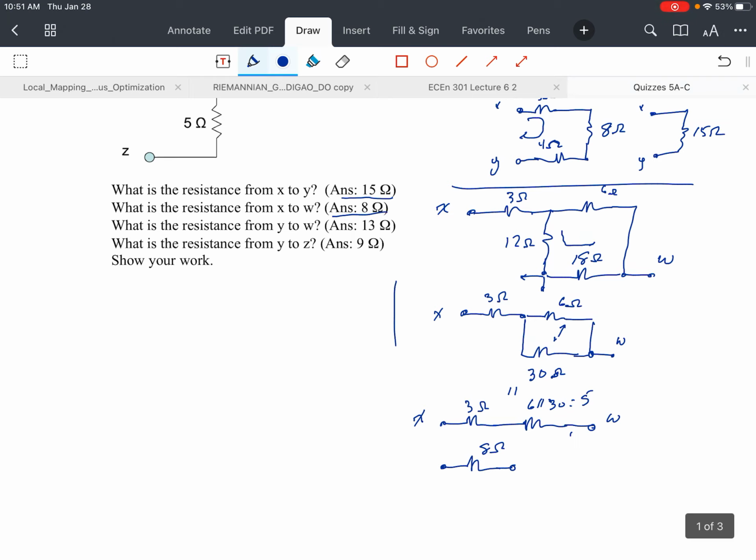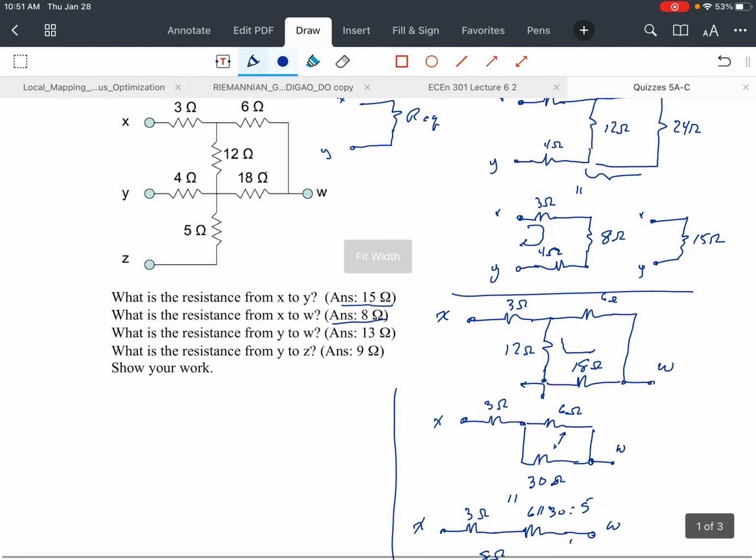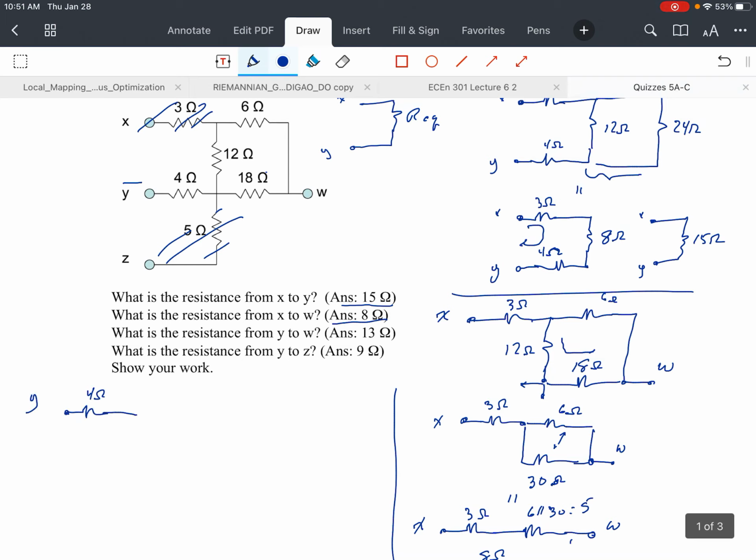All right, so now let's do Y to W. Essentially we're open circuiting X and Z, so we can take that arm out and that arm out, and now we want to find the equivalent resistance from Y to W. We start with Y. We have a 4 ohm resistor.